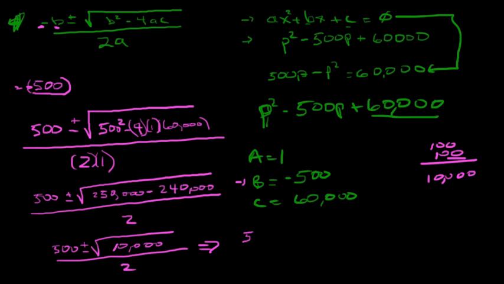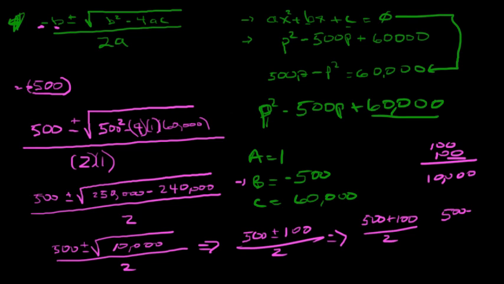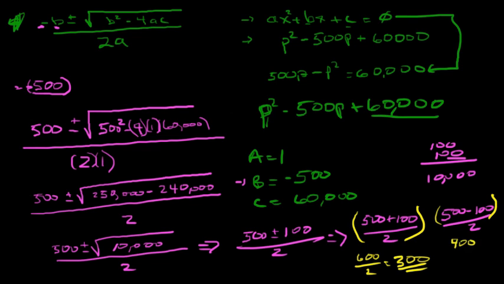So now, getting closer, 500 plus minus 100 all over 2. And now we're finally able to do the 2. So it's 500 plus 100 over 2. And it's 500 minus 100 over 2. 500 plus 100 is 600. 600 over 2 equals 300. Ta-da, one of our answers. And 500 minus 100, this one, ends up being 400 over 2, which is 200.